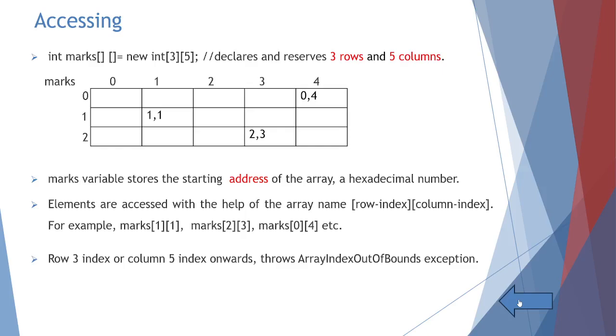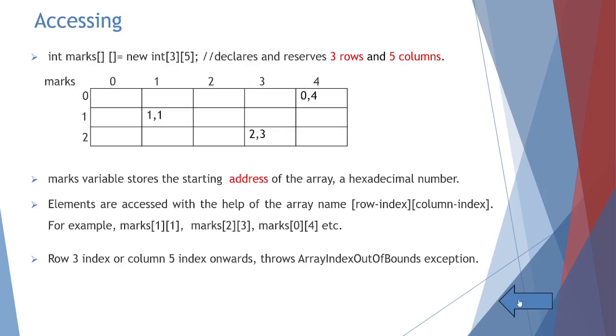int marks is equal to new int[3][5], that means 3 rows and 5 columns, that is 0 to 4 index. Now the marks variable stores the starting address of the array, which is a hexadecimal number, and elements are accessed with the help of the array name followed by row index followed by column index.